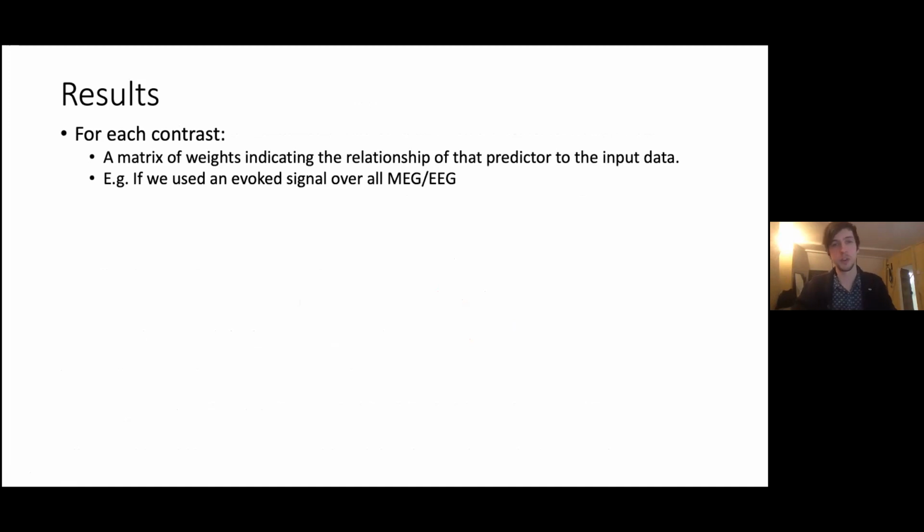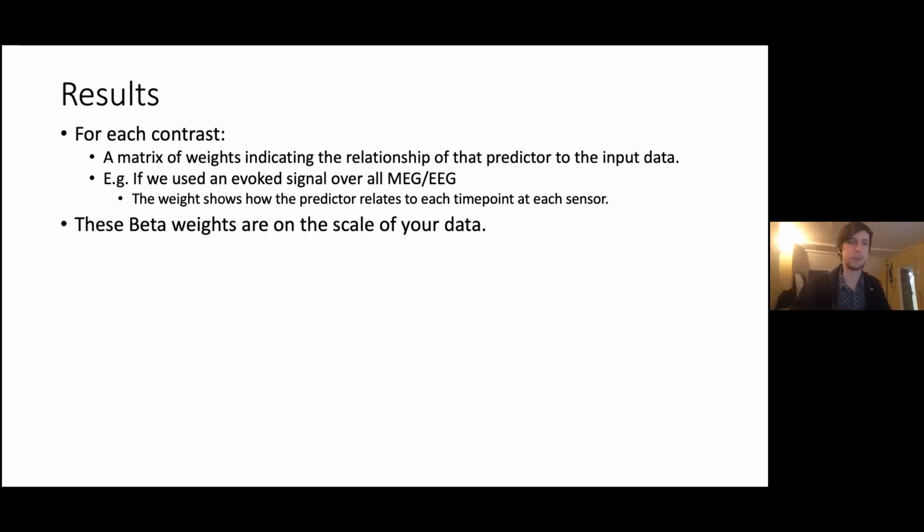So for instance, if we were using an evoked signal over MEG or EEG, the weights for those individual contrasts would show how that predictor, or that interaction term or group difference, relates to each time point at each sensor. The weights you get are on the scale of your data. So for instance, if you were looking at a simple evoked field, it would represent what change in femtotesla is explained by IQ.